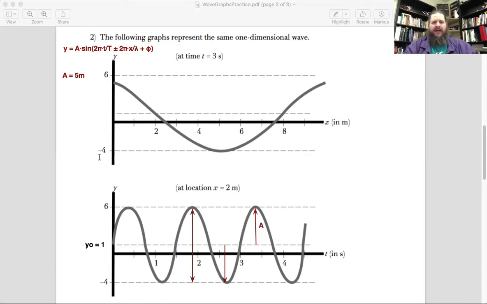And I haven't actually written that in the equation, but where would that show up in the equation? How would you modify the equation so it's oscillating around 1 instead of oscillating around the axis?